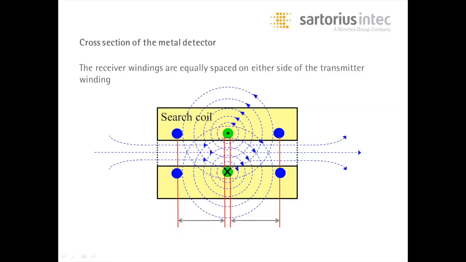This is why we recommend a metal-free zone when you install a metal detector, because these electromagnetic fields do extend beyond the openings. You don't want any moving metal inside that area because it can still affect the electromagnetic field and give you a false detection.